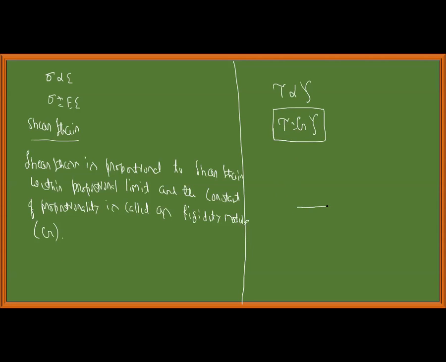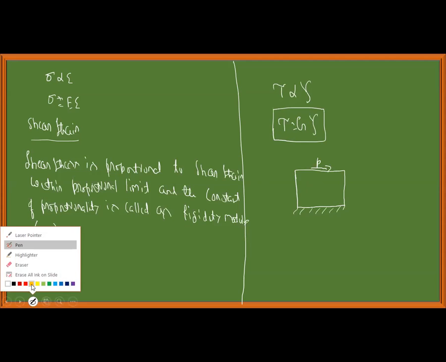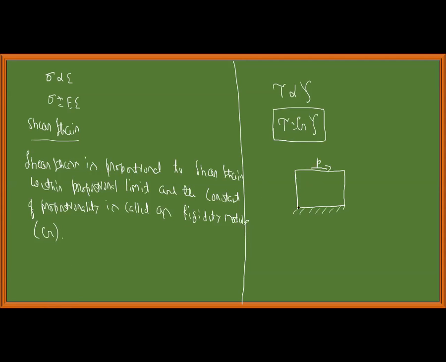Let us consider a plate like this. Initially, the plate is like this. Now, let us assume that this end is fixed. I will apply a load. Shear stress in the sense the load has to be tangential to the surface. I will apply a load P like this. When I apply a load P like this, there is a change in angle.